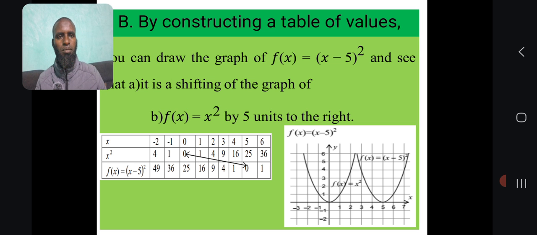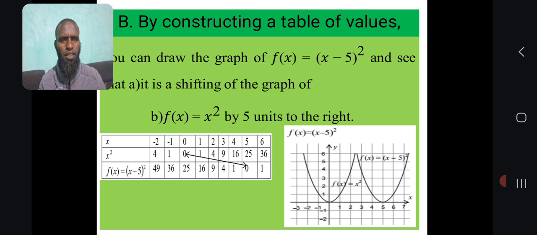By constructing a table of values, you can draw the graph of f of x equals x minus 5, the whole squared, and see that it is a shifting of the graph of f of x equals x squared by 5 units to the right. As you can see from the table, especially in the column of 0, we have 0 for x squared.